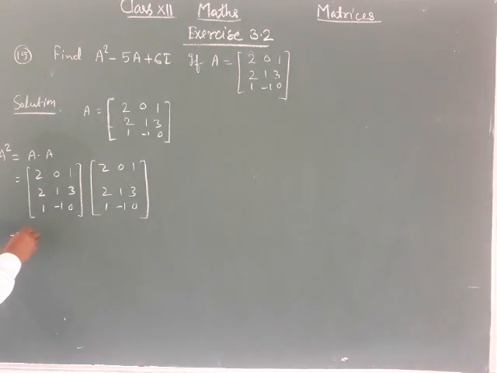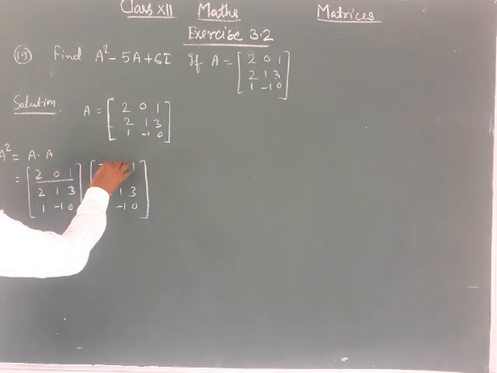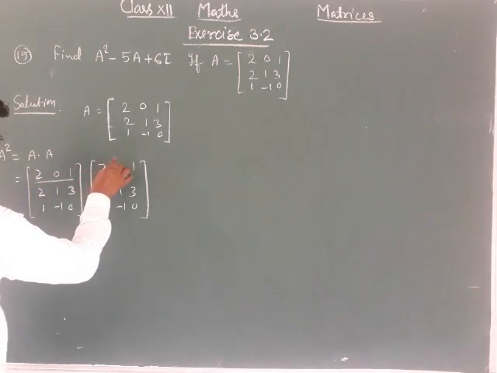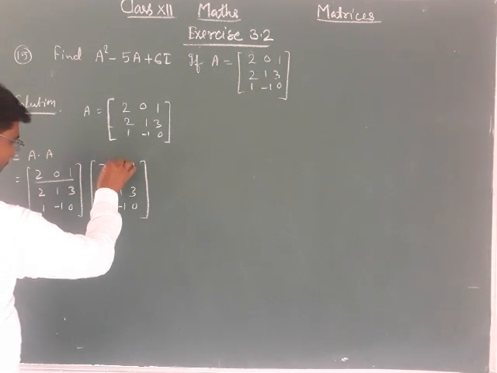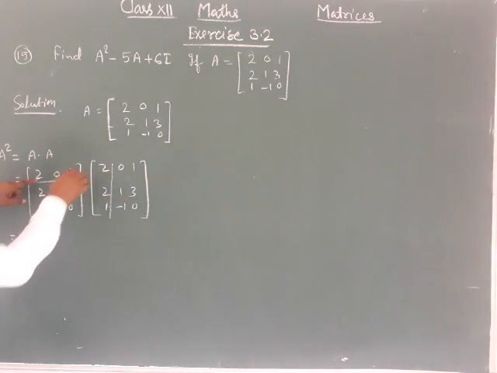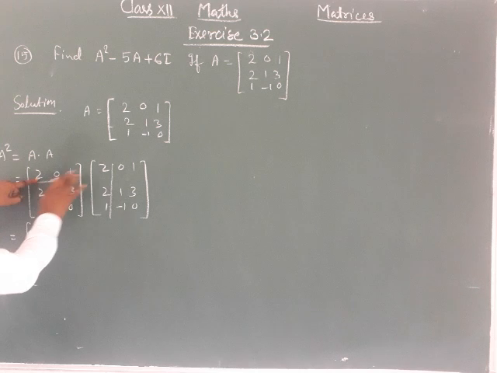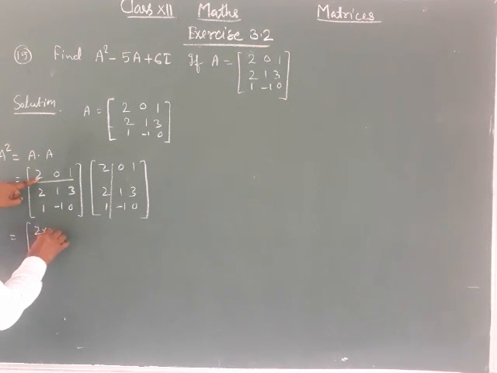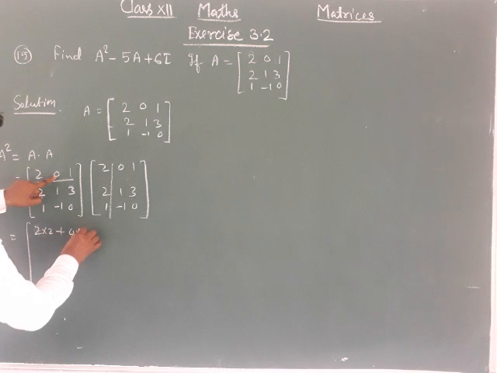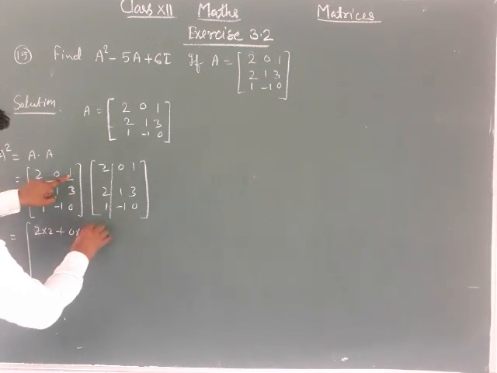So multiply, taking the first row in the first matrix and the first column in the second matrix. Multiply each element: 2 into 2 is 4, plus 0 into 2, and 1 into 1.